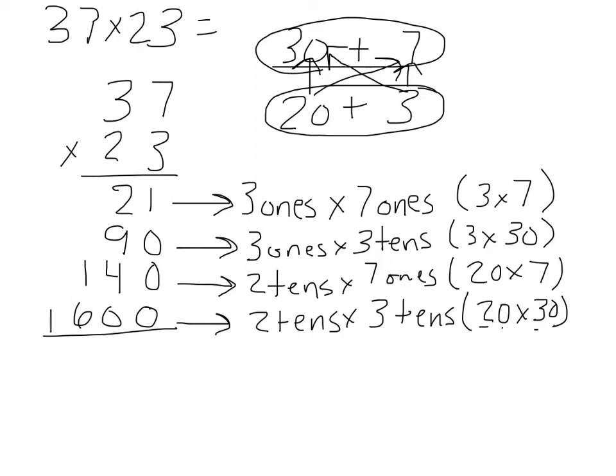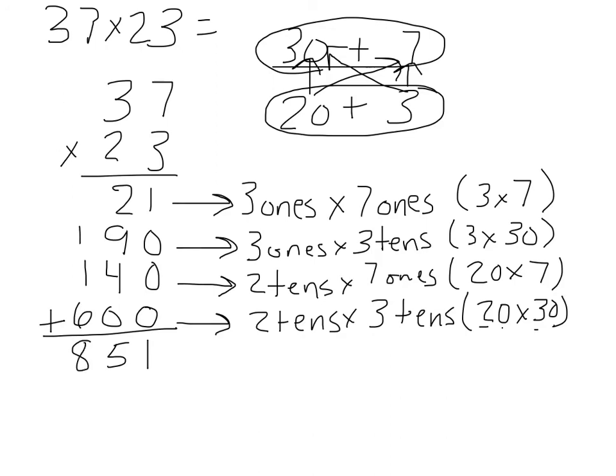So now when I add these partial products together, I'm going to get 1 plus 3 zeros is 1, 2 plus 9 is 11, plus 4 is 15, and I regroup. And 1 plus 1 is 2, plus 6 is 8.